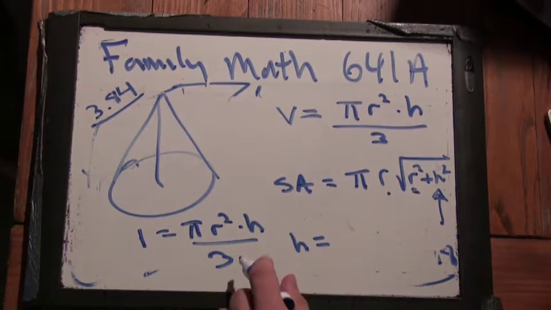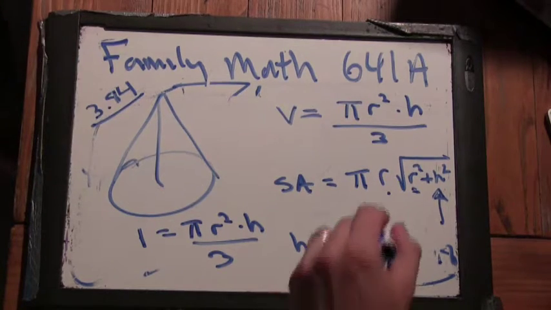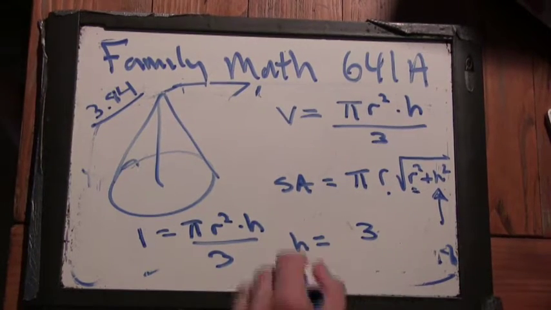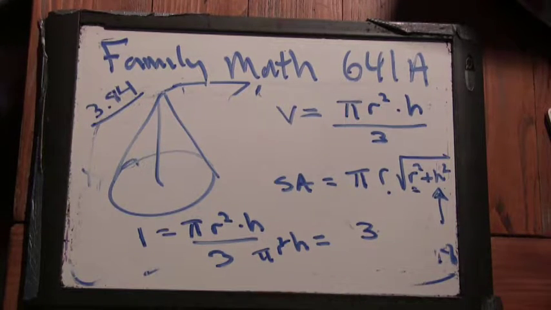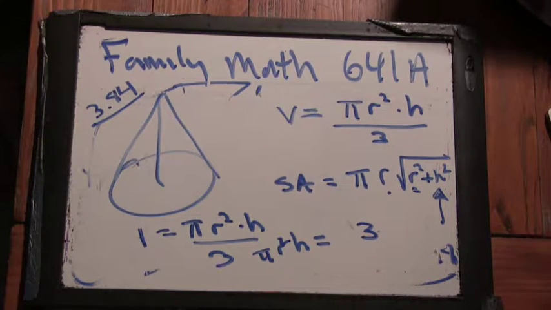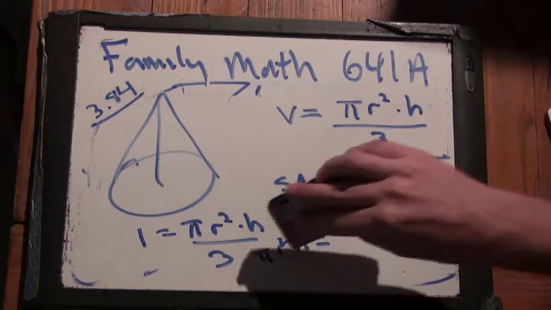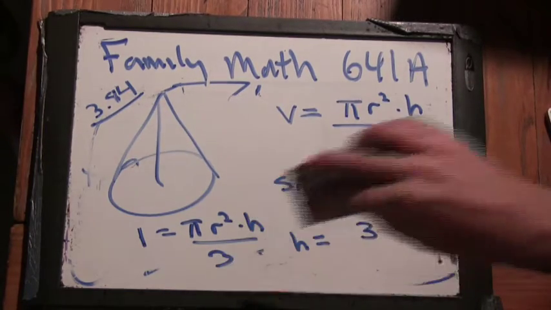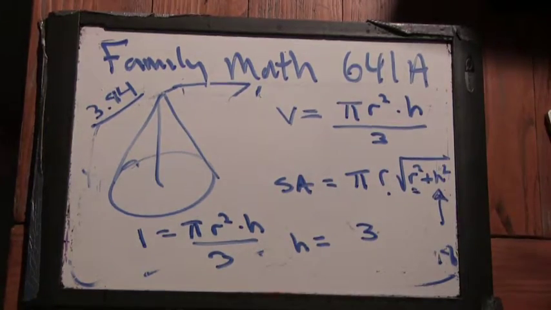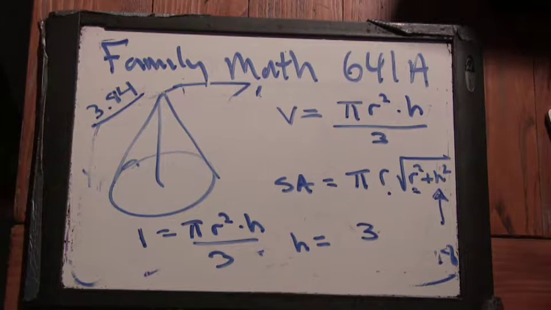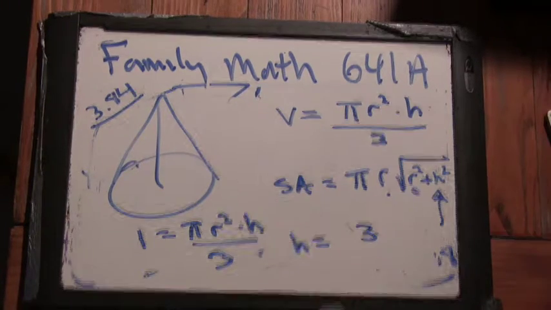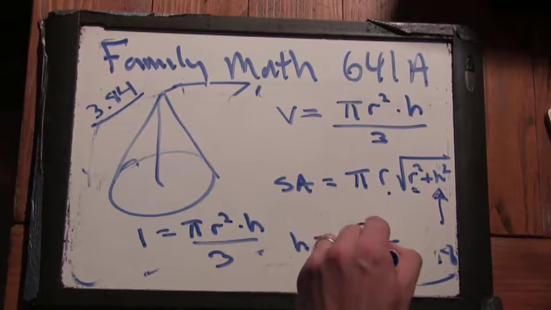So what can I do to get rid of that 3? Just multiply by 3. Okay, so h equals 3 over pi r squared, or you could multiply by the reciprocal. Ah, very good, so 1 over pi r squared. So h equals 3 over pi r squared.